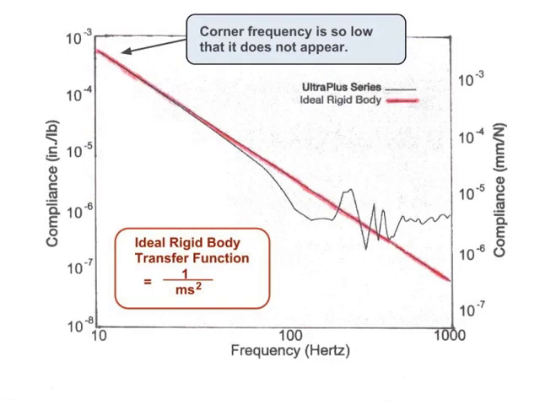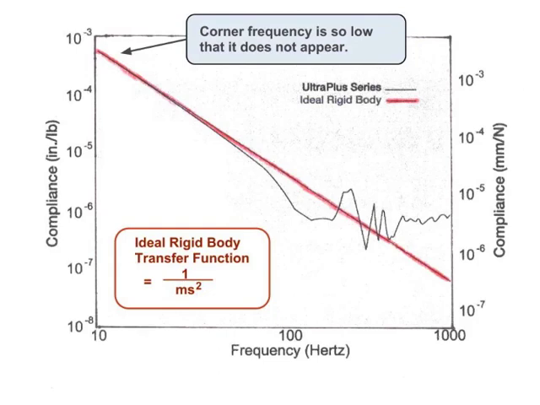Shown here is the frequency response of a commercial isolation table, and this is the black line. The red line is the line for an ideal rigid body, and that's the comparison that the makers of this table are wishing to make.